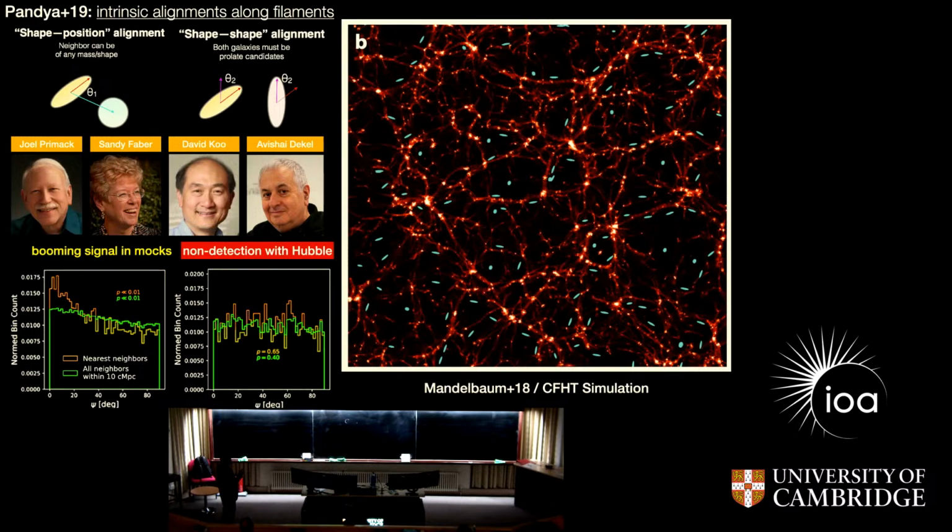So a very clear excess of aligned pairs of galaxies, but then in the Hubble Space Telescope observations at the time, we did not see that kind of excess, right?